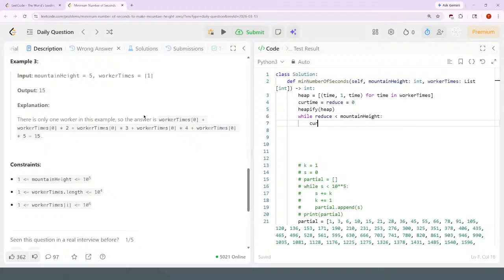I'm going to make next time be heap pop, take the top off the heap: next time, count, and the base time.